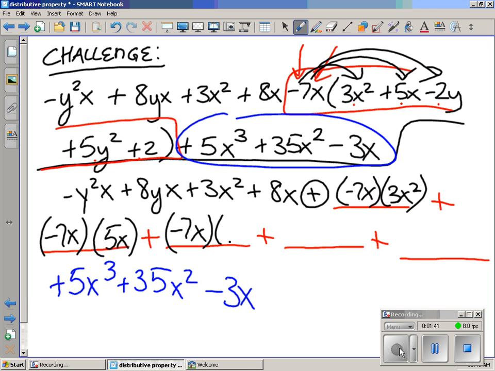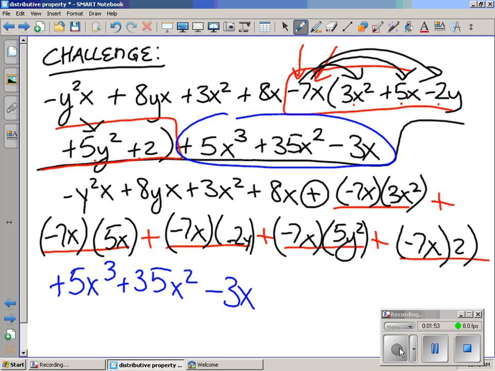Negative 7x then goes to the 5y squared, and it goes to the 2. So we've distributed the negative 7x to each term inside the parentheses.